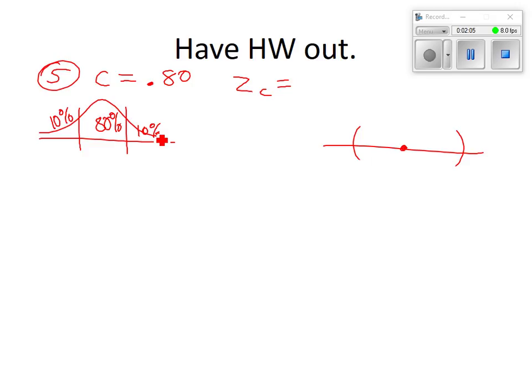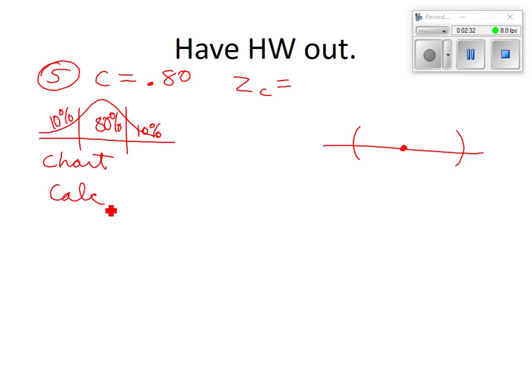There's a couple different ways we could do this. We could use the chart, or we could use our calculator. I'm going to show you how to use the chart, then we'll talk about the calculator. On the chart, we want to look at the negative side, but our answer is going to be a positive, because we're just looking for a critical value.